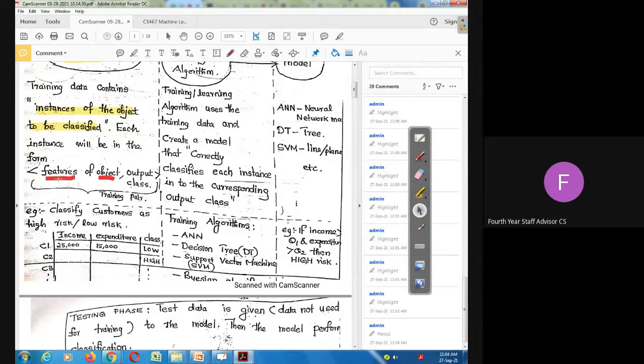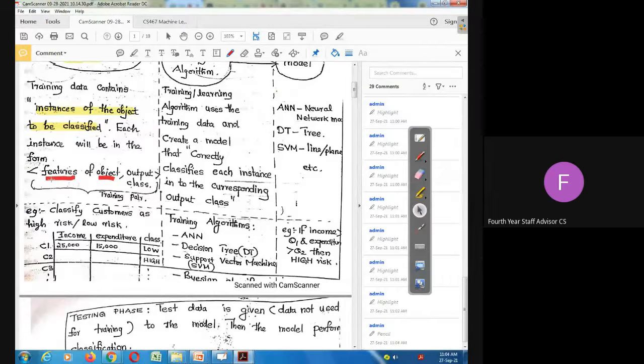Okay, features. Features means their characteristics. Okay, for example, if it is an orange, then its shape is round. Okay, it's round shape. Then its color is orange. So those are the features of the orange object.